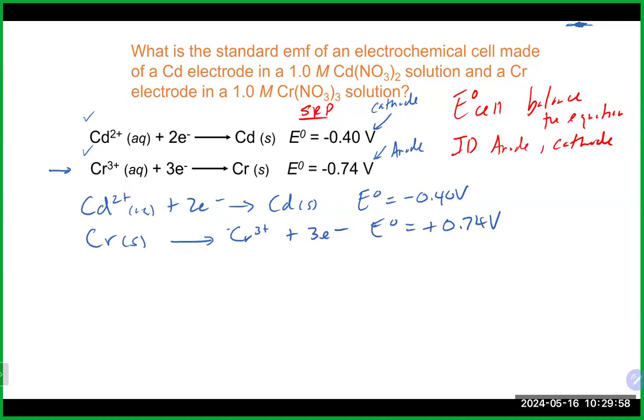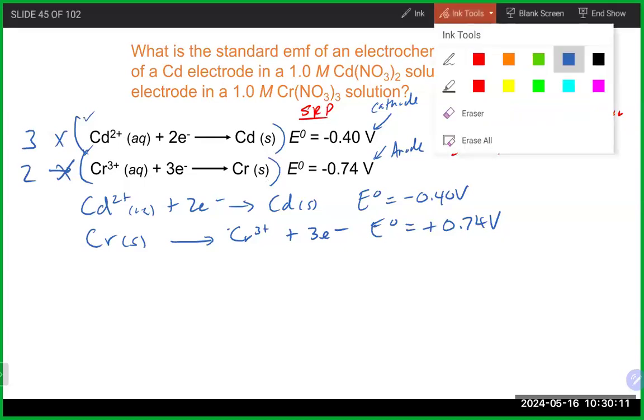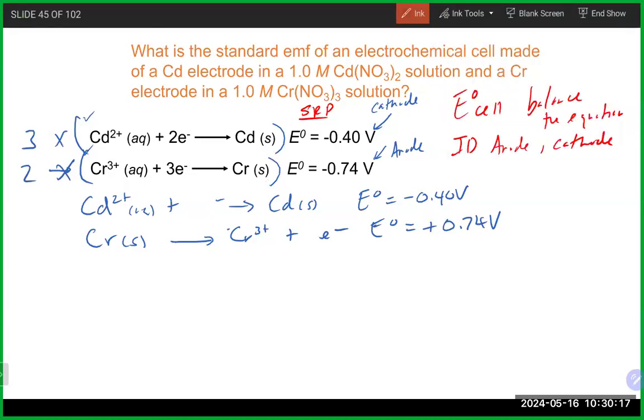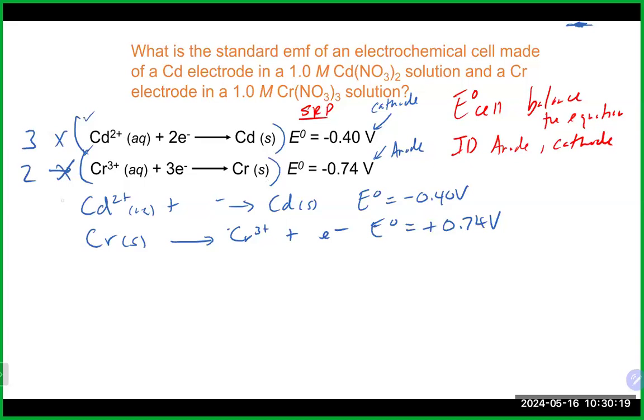In this case, the common number is going to be 6, which means I just need to multiply the top one by 3, and I need to multiply the bottom one by 2 to get us to 6 electrons in each of them. So let me do that and pop those in. Multiplying the top by 3 gives me 6 electrons and 3 of those.